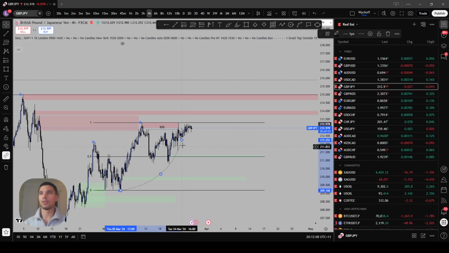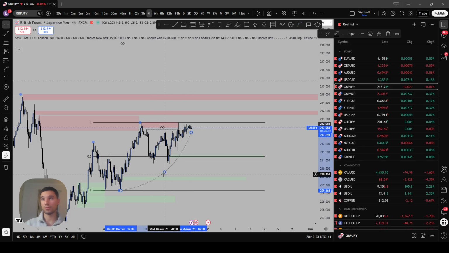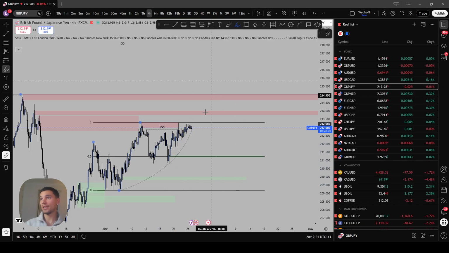Wow, this looks so bound for a distribution. The only thing I don't like is that we didn't break structure cleanly. Maybe we've broken structure locally, but this third tap is still here.